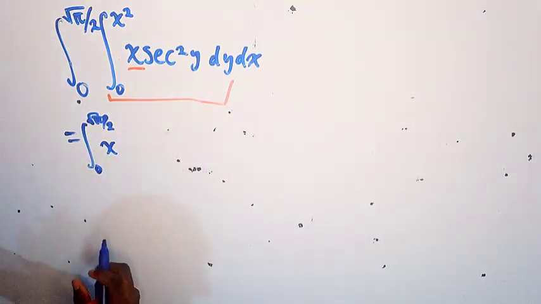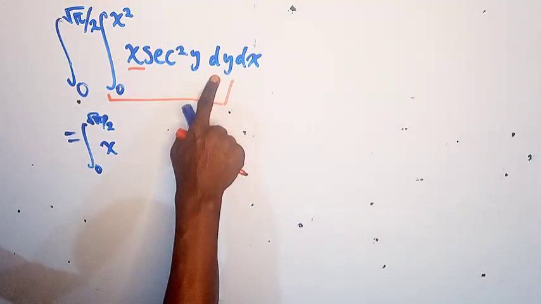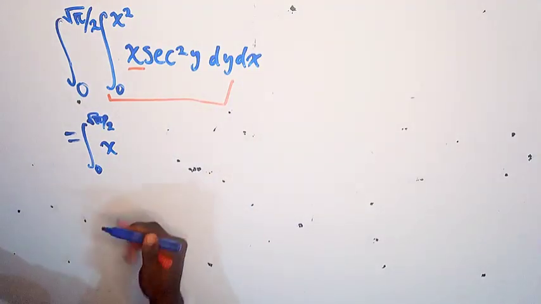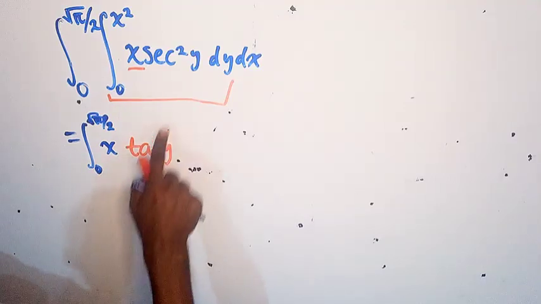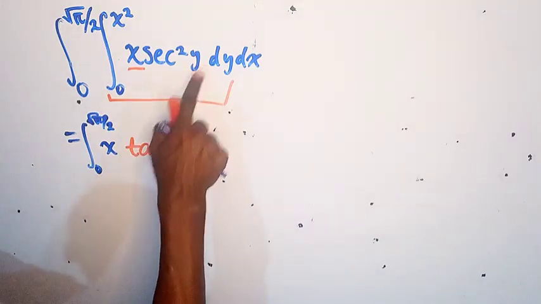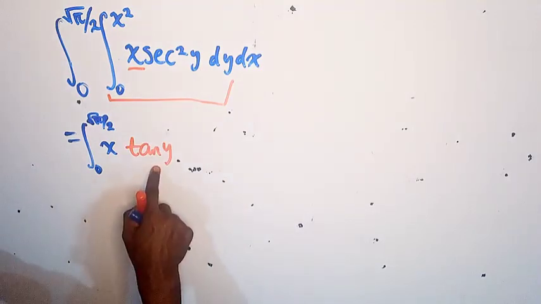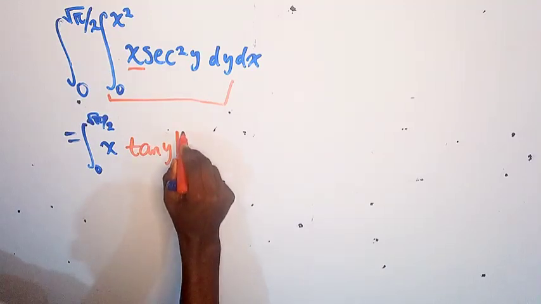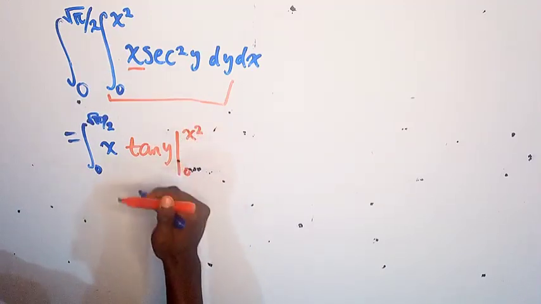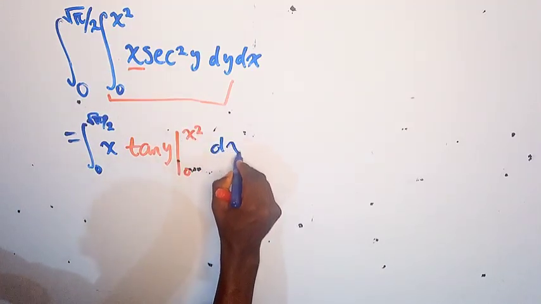When we integrate secant squared of y with respect to y, of course that is just tangent of y, because the derivative of tangent of y will give us secant squared of y. So integrating that with respect to y, we are going to take it from 0 to x squared, and then don't forget to put the dx here.